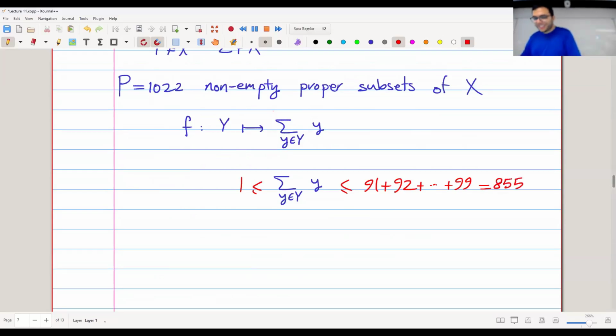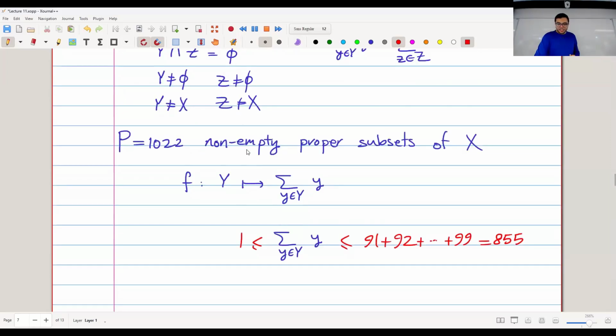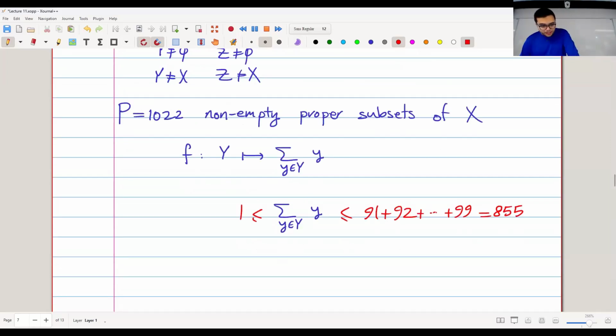Okay. So this means that my holes are going to be 1, 2, up to 855. So I have 855 holes. Right. So I have 1022 different proper subsets, and they can have 855 different sums.